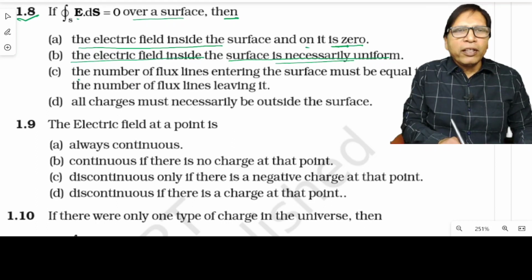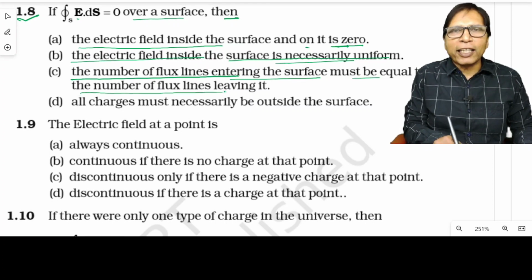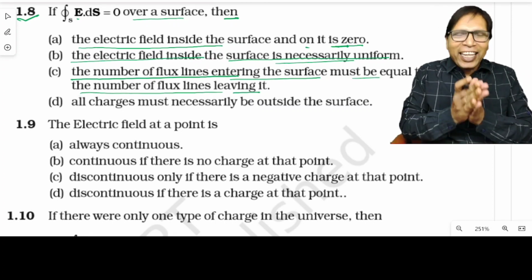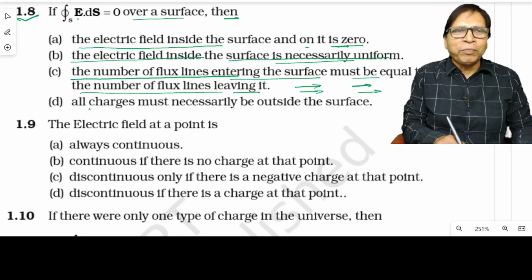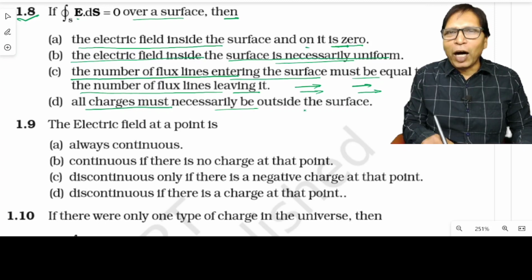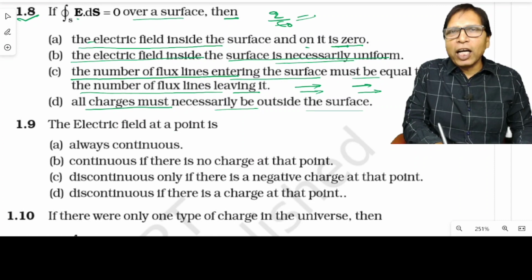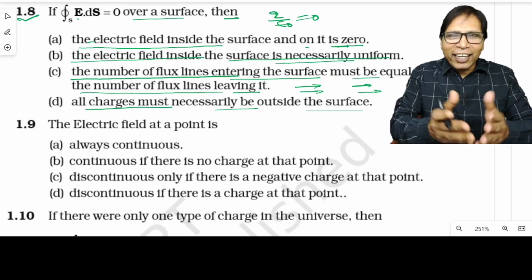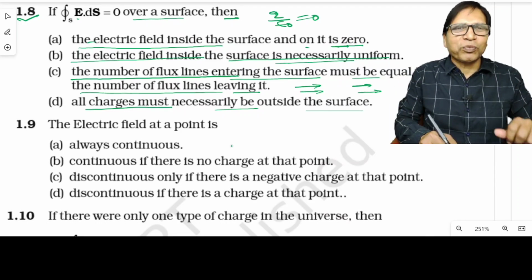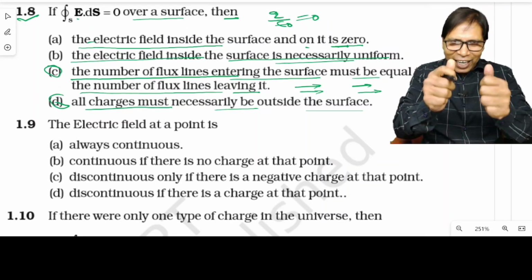No. The number of flux lines entering the surface must be equal to the number of flux lines leaving the surface, as net flux is 0. All the charges must necessarily be outside the surface. As flux is 0, net charge q by epsilon naught is 0, so no net charge is present inside the Gaussian surface. So option C and option D are correct.